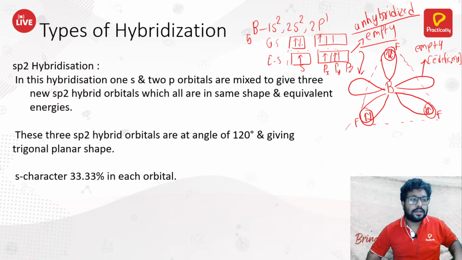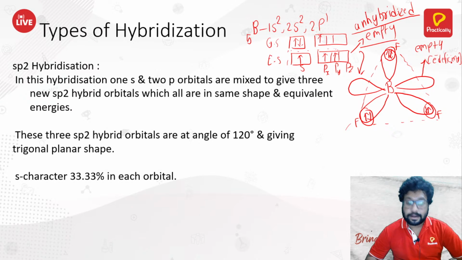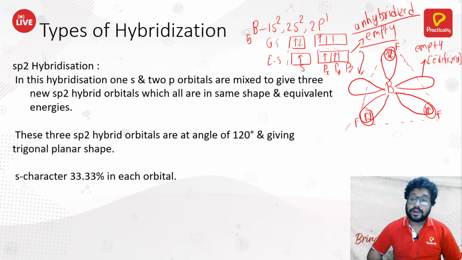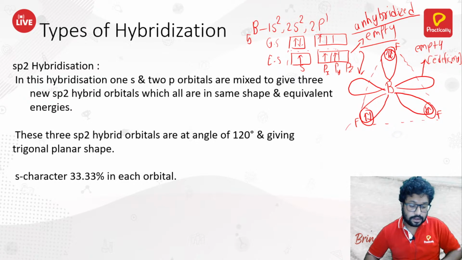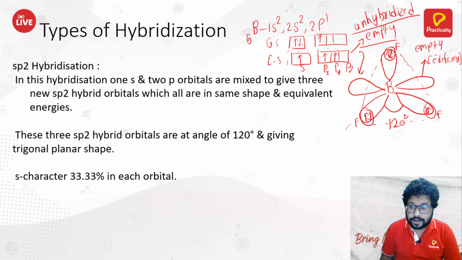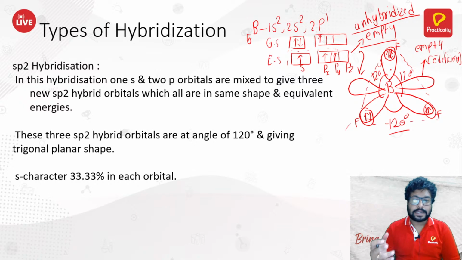We had seen the coordinate covalent bond, where nitrogen donates its lone pair to BF3. It donates its lone pair here because of the empty orbital. What's the bond angle? Bond angle here is 120 degrees. Here also 120, here also 120. So that's how the three sp2 hybrid orbitals are formed.